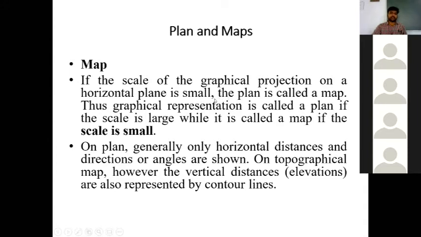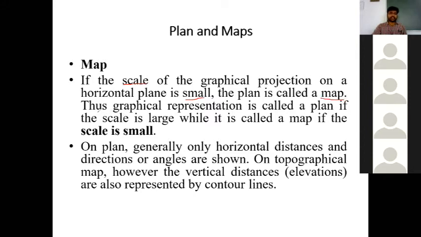Okay. Graphical representation, small means the scale. So here you need to understand: if the scale of the graphical projection on a horizontal plane is small, then the plan is called a map. If that is the case, only then are we going to say map.